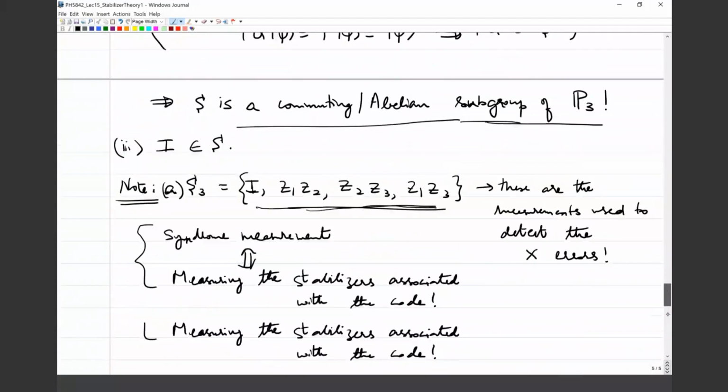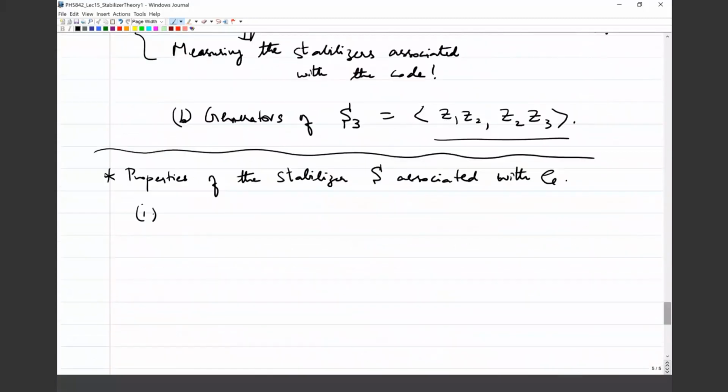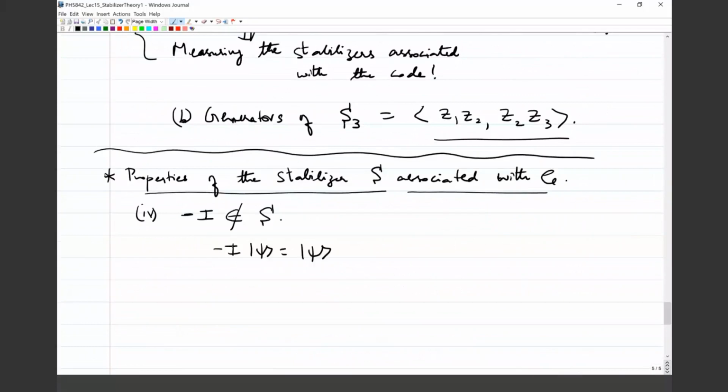Just as I said, identity belongs to S, I hope you realize that minus identity cannot belong to S. Because if there is a particular state that is going to be stabilized by minus identity, what does it mean?